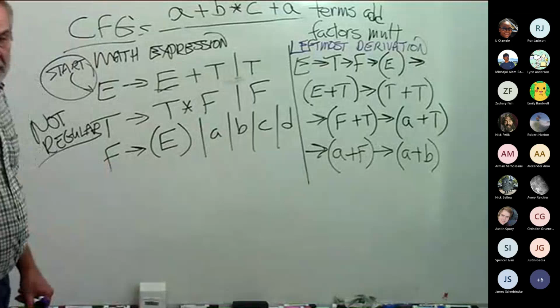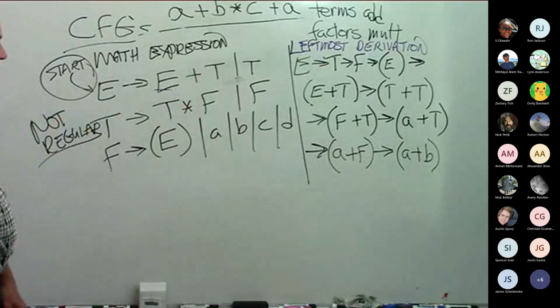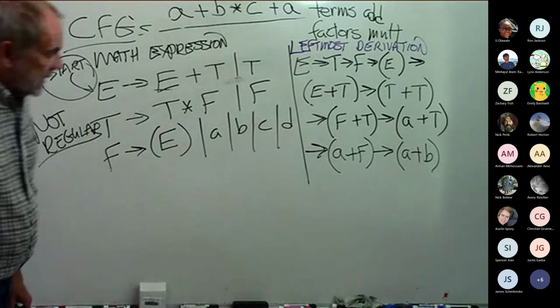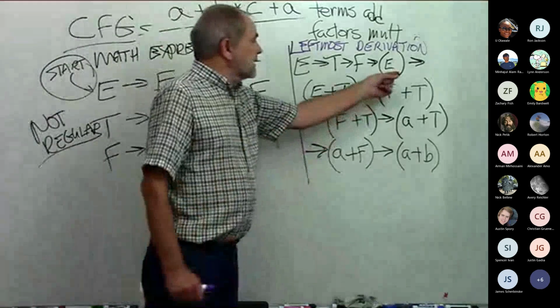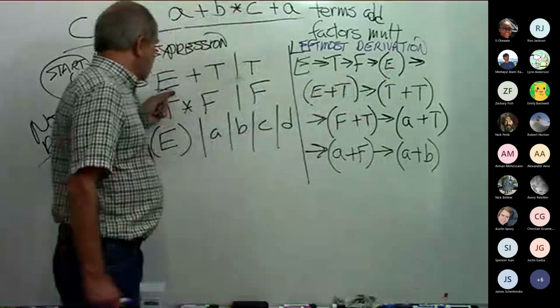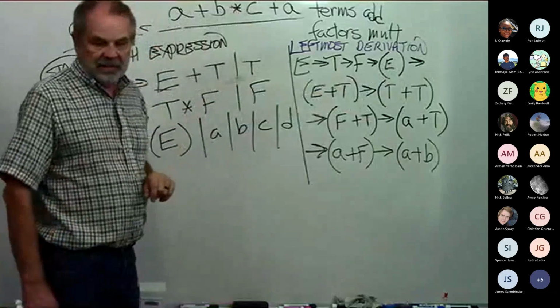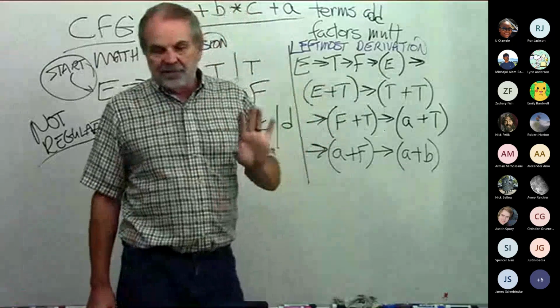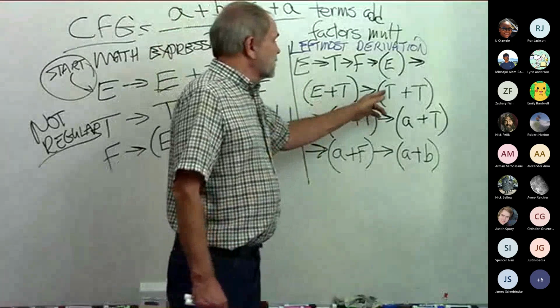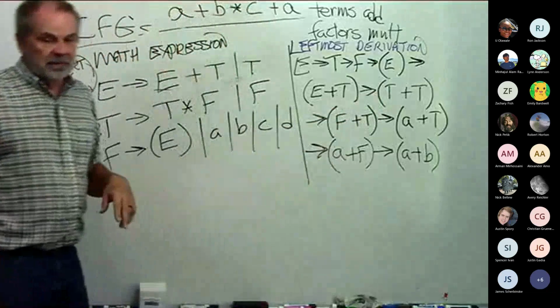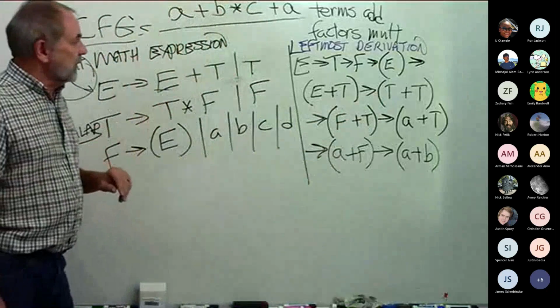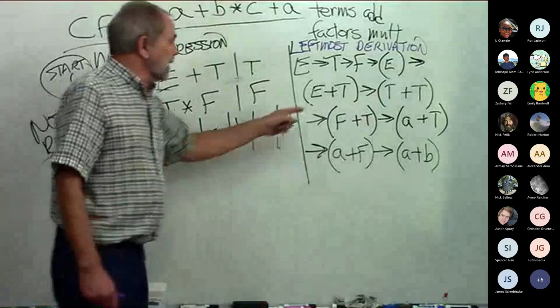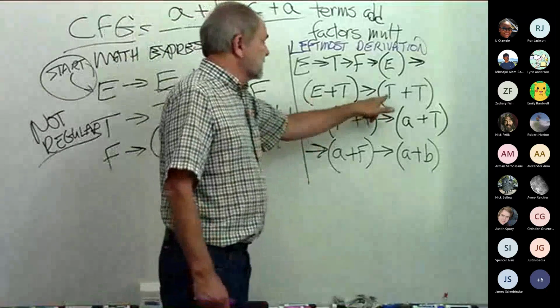That's the nature of it because we're dealing with text, basically strings of terminals and non-terminals that can be derived. So then I replaced this E with the E plus T, so I could get the plus sign in there. The next step, I always chose the leftmost non-terminal, the leftmost variable, leftmost capital letter. I always chose that as the one that I was going to substitute. So here I had E plus T. I replaced this E with a T.